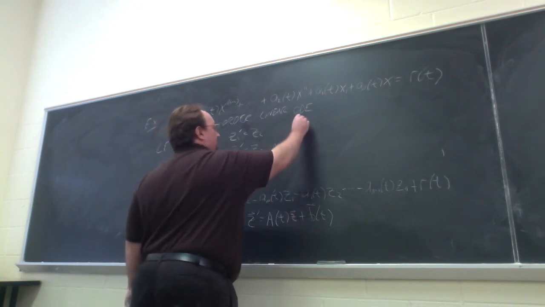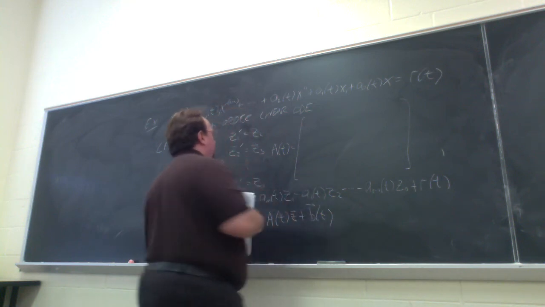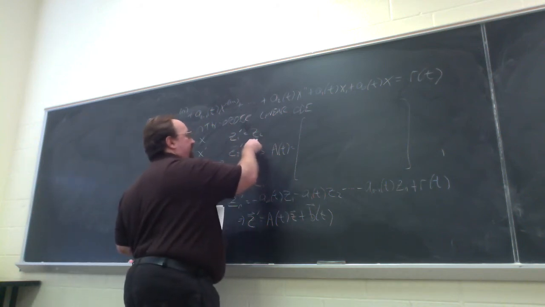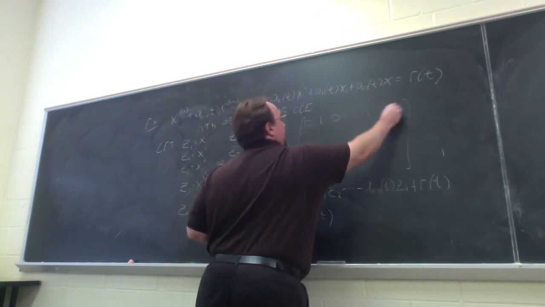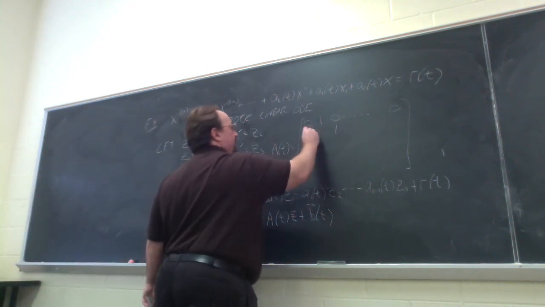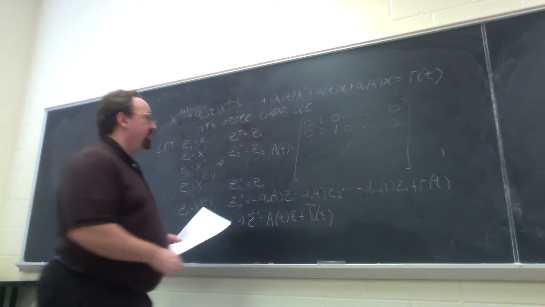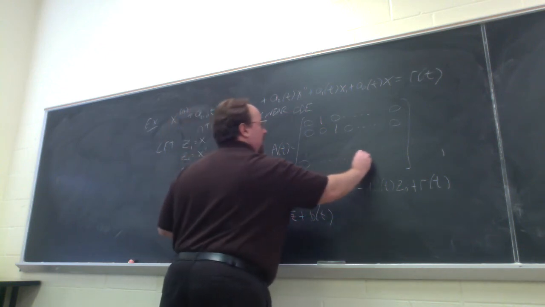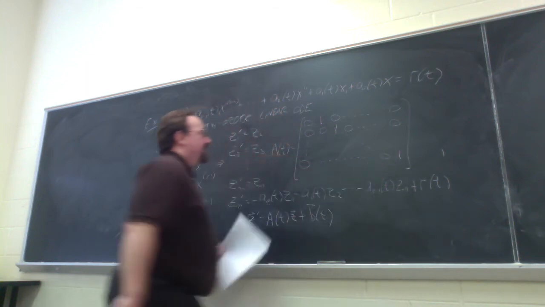And as for definitions of all of these, A of t is this matrix where we have, for instance, z1 prime is z2. So in the first row, because it's z2, in the second position, we have a 1. And everything else is 0. In the second equation, we only have z3. So we have a 1 in the third position. And zeros everywhere else. And this just keeps going all the way down to the second to last row, where we have a 1 in the last position.